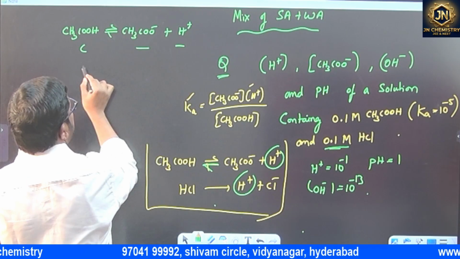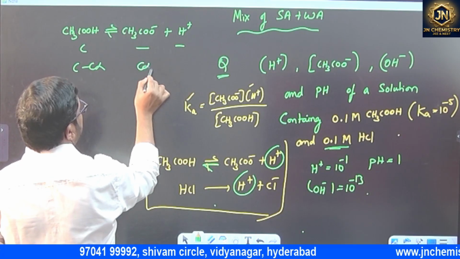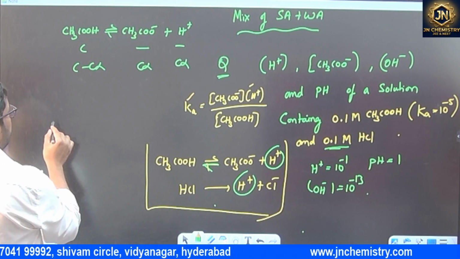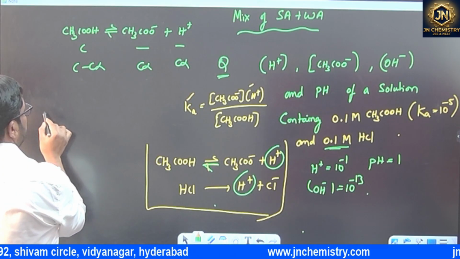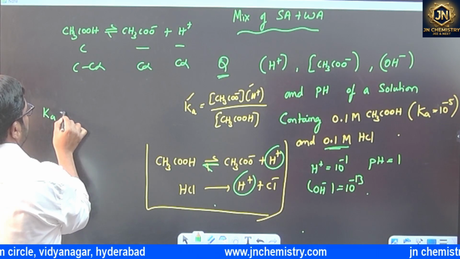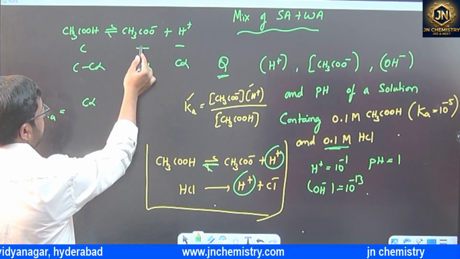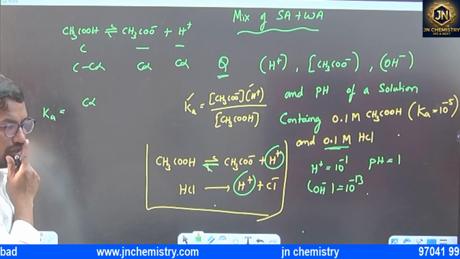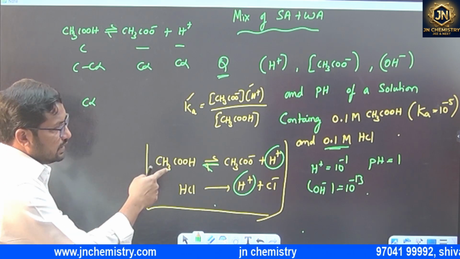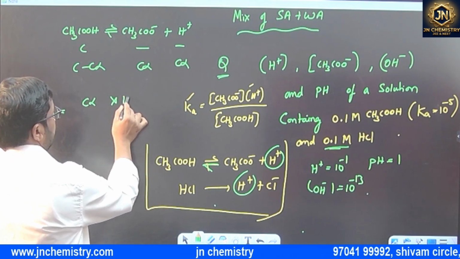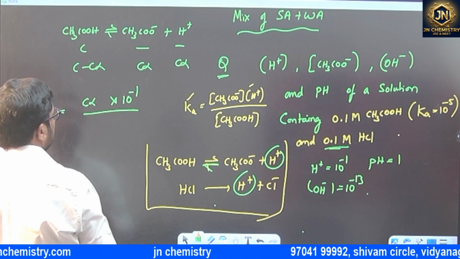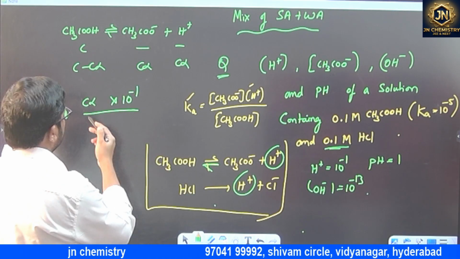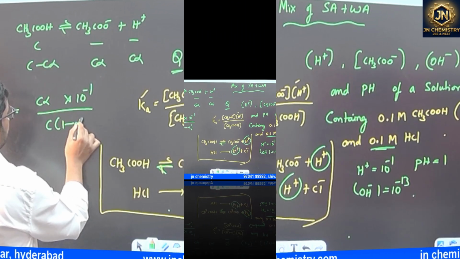This is C, C minus C alpha, C alpha, C alpha. Right. In this case, Ka is equal to C alpha, this is nothing but H plus ion concentration, as already we know. How much? H plus ion concentration 10 to the power of -1, by C, CH3COOH concentration, 1 minus alpha.